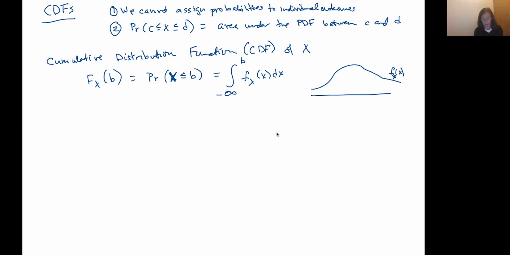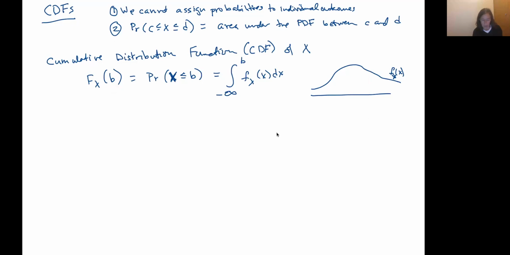And for that to be true, the ends have to be approaching 0 at some point. So I'm hoping you'll use your imagination and accept that. What we're looking for here is the probability that random variable x takes a value less than b.